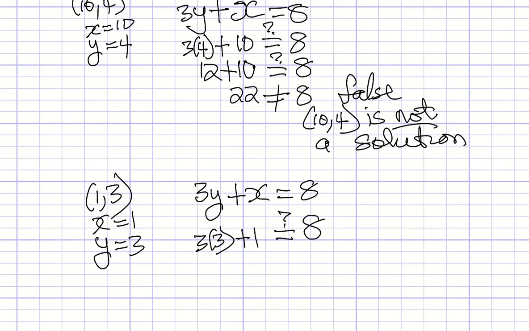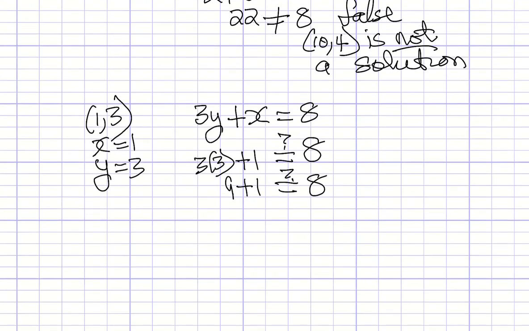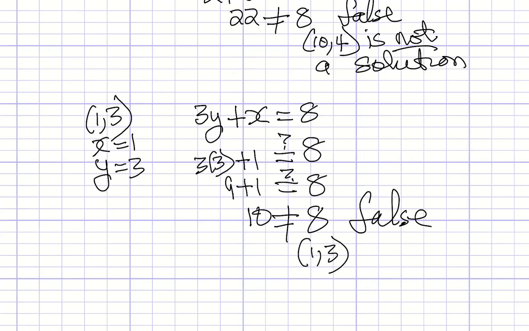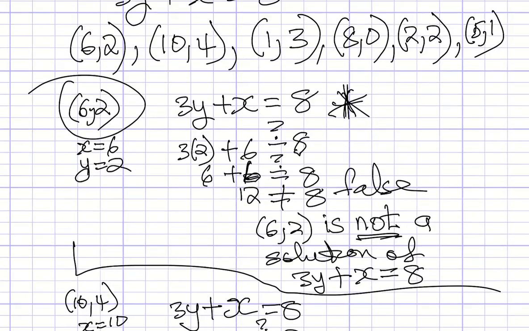Let's simplify. 3 times 3 is 9, plus 1 is 10. 10 is not equal to 8, because that statement is false. So we'll say (1, 3) is not a solution of the given linear equation, okay? That's all that means.